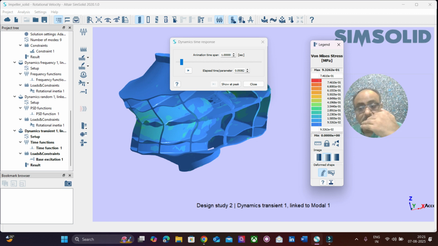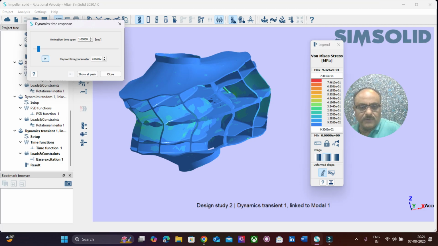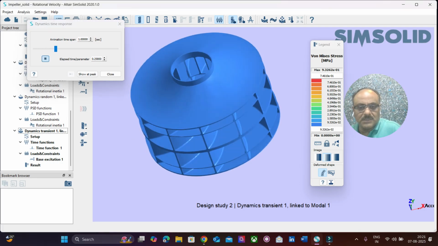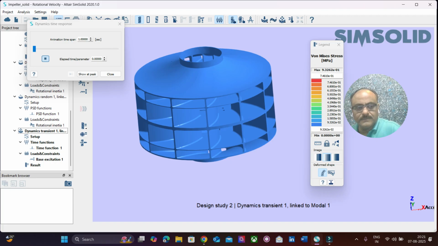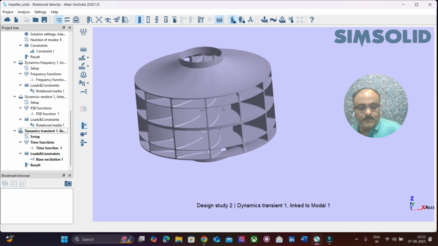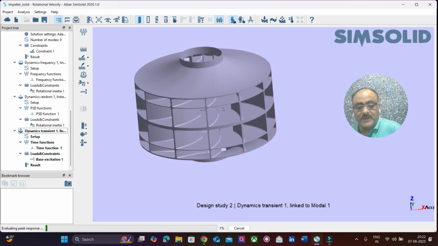Now, if the G force is increased to 2.5 G or 3 G or say about 5 G, this will definitely increase. These members are going to experience a heavy stress. Yes, this is how the stress values are going to act. Now let's see what the velocity magnitudes are.